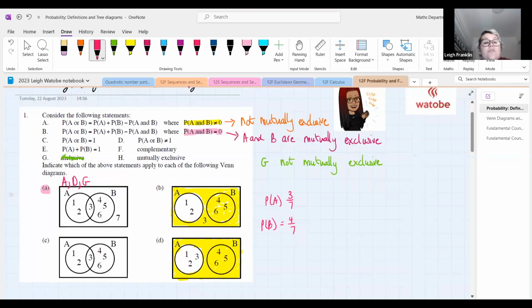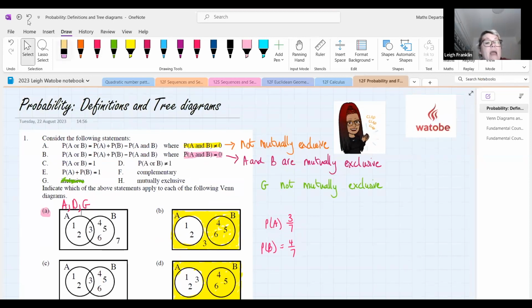Right, so we redescribe these as using A or B. Would we say they're not mutually exclusive, or would we say that they are mutually exclusive?